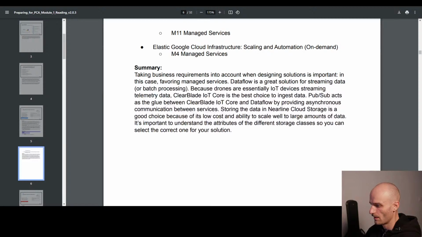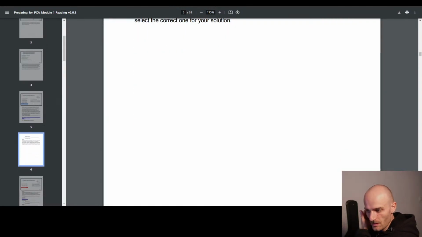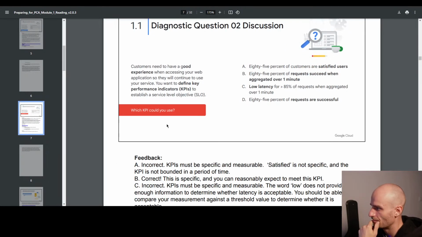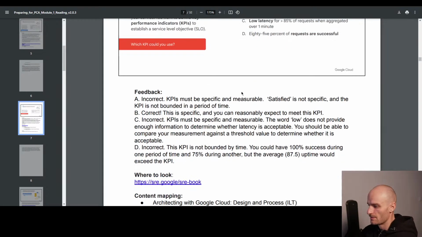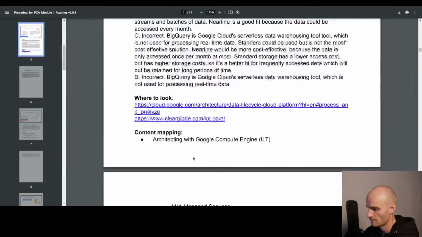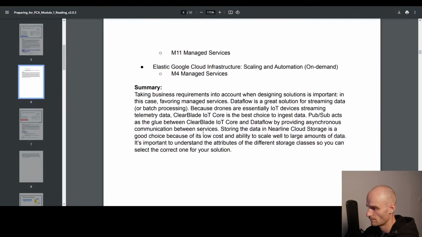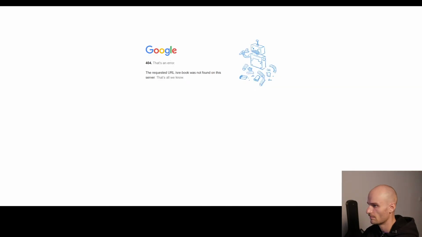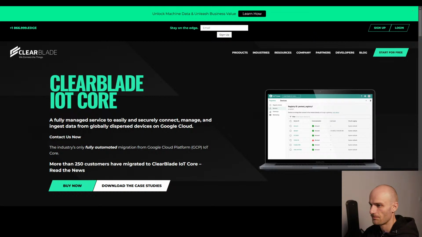Okay, let's continue. And what do we have here? This question, oh yeah, the one about the KPIs, which is something I also had a mistake with. What is this? SRE. Okay, this doesn't exist. This looks like something external.